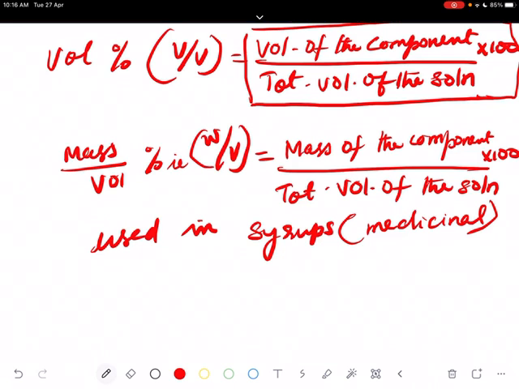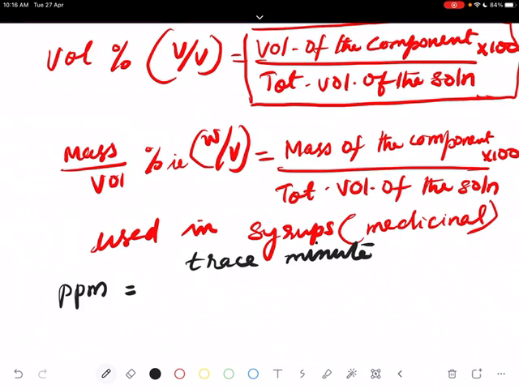Next, we are going to see ppm, parts per million. When solute is present in trace quantities or minute quantities, this ppm is used.